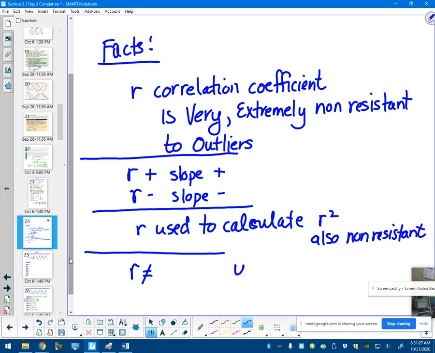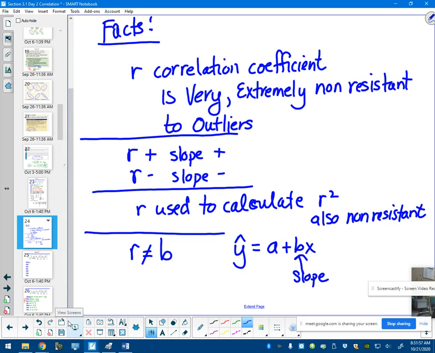The equation of the linear regression line is y equals a plus bx. b is the slope in statistics class. And I apologize because in algebra class you've learned mx plus b your whole life. Well, now b is not the intercept, it's the slope. So while r doesn't equal b, r is used in a calculation.